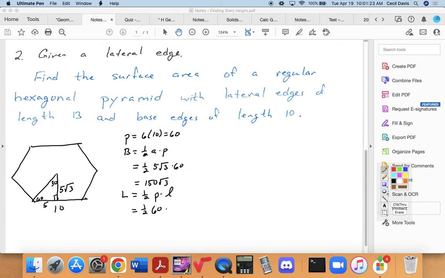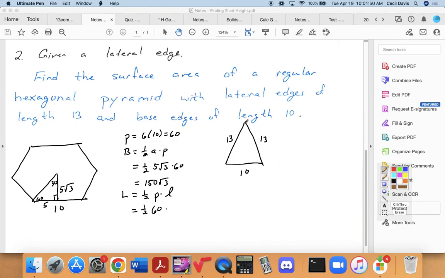But if you think about what the lateral face of the pyramid looks like, so you're just looking at one side of the pyramid. It's a triangle, right? Where these are the lateral edges, 13, and this one's 13 also. And what is this down here? 10. Yeah, it's 10 because it's a base edge.